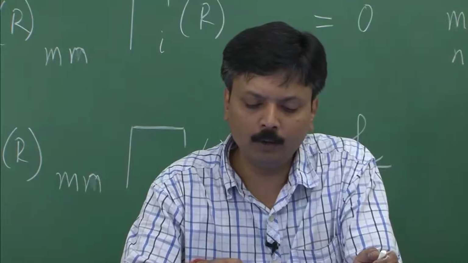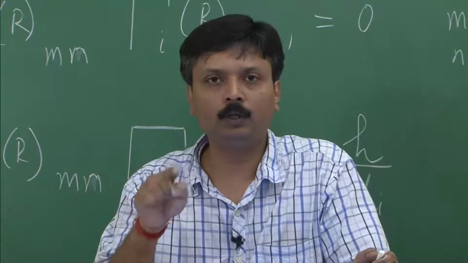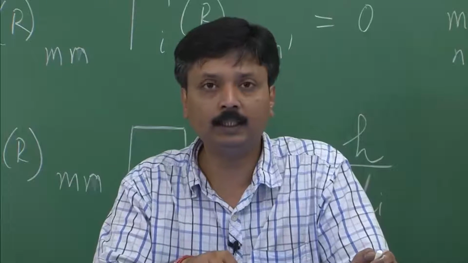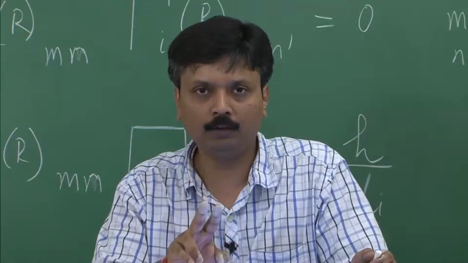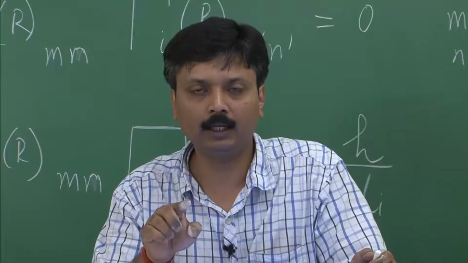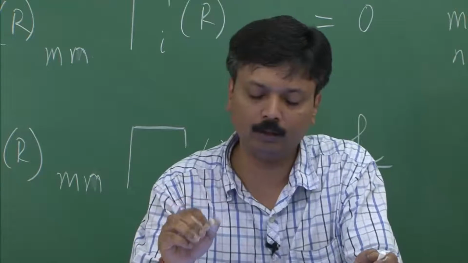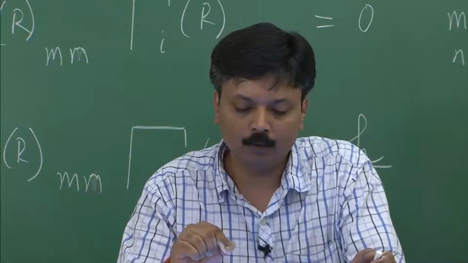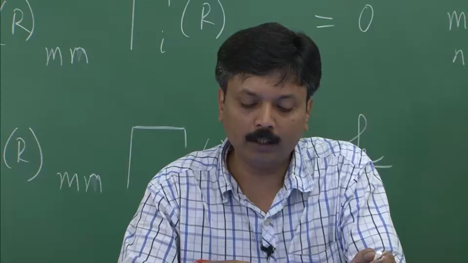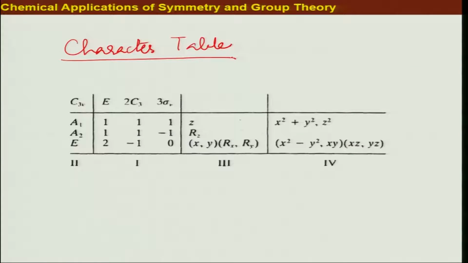So when you want to sum over all the R's, you have to keep in mind that, for example, C3 has 2 different symmetry operations, and sigma v in that class we have 3 different symmetry operations. So for the irreducible representation A1, if I sum over all the symmetry operations, we get 1 plus 2 into 1 plus 3 into 1 equals 6, and the order of the group is also 6.